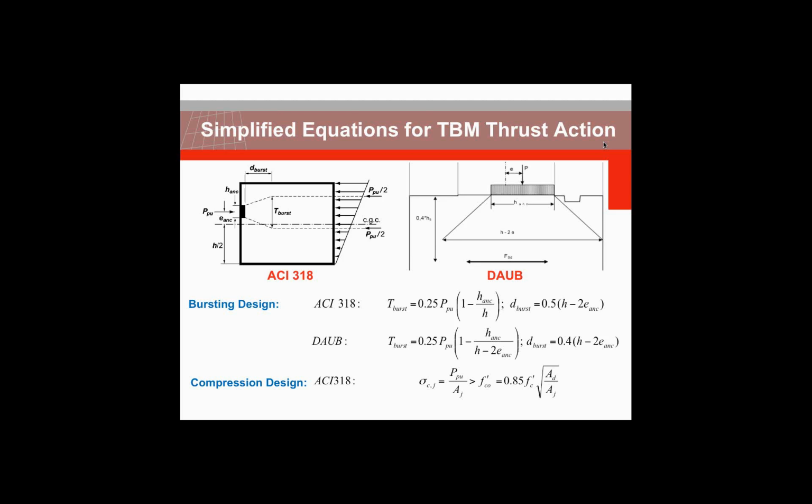They are pretty much similar. One difference between the two methods that I can mention is the location of rebars, which DAUB recommends at 0.4 h instead of ACI, which recommends 0.5 h. Other than that, the equations are pretty much similar.